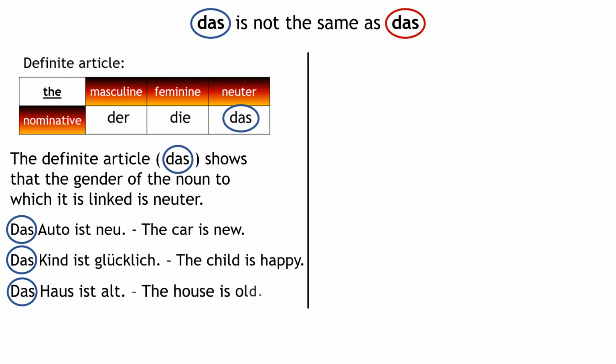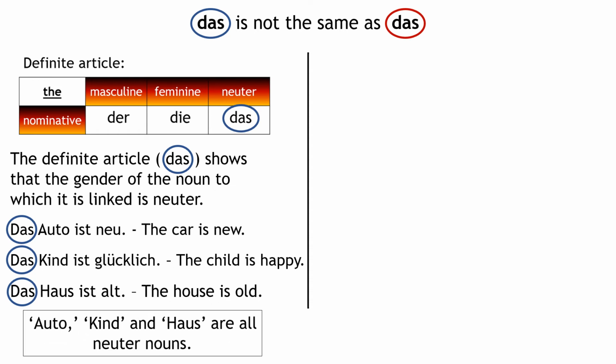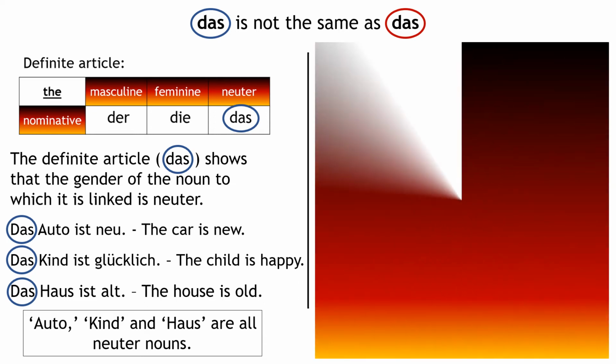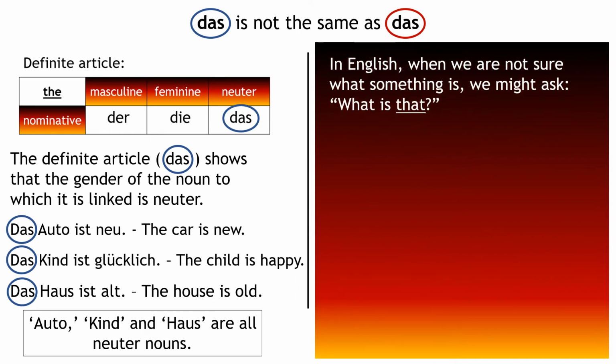Das Haus ist alt. Now, if we didn't know it already, we now know from these three short sentences that Auto, Kind and Haus are all neuter nouns.